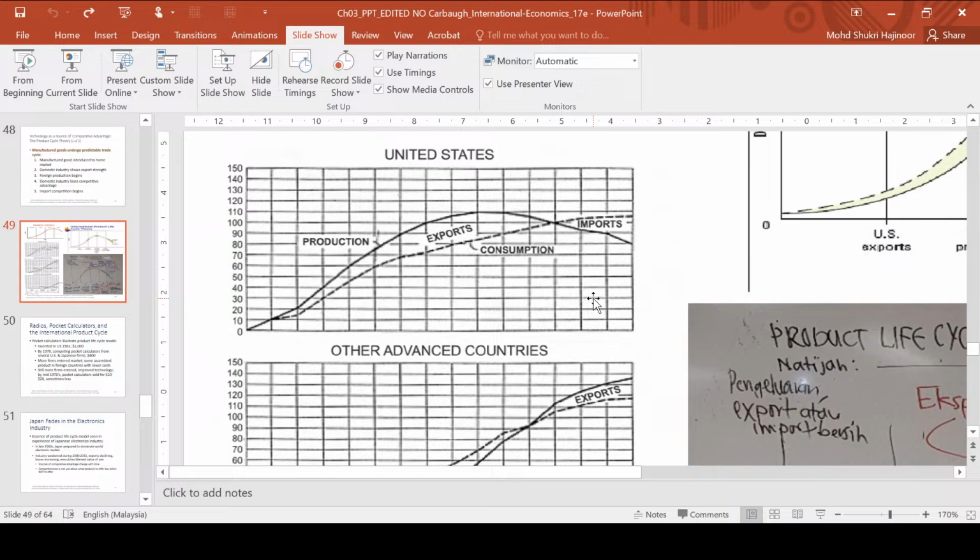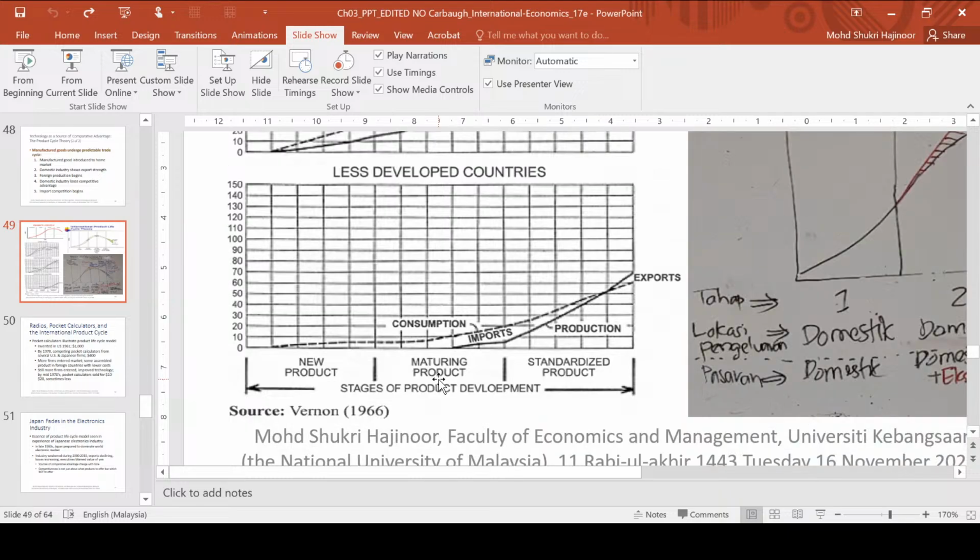This is a new product, just introduced. And the product becomes matured. The technology has matured, meaning that there's no secret anymore. Most countries know the technology. Maybe what is stopping them is capital only.